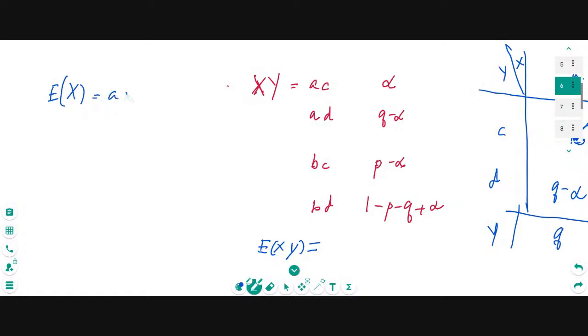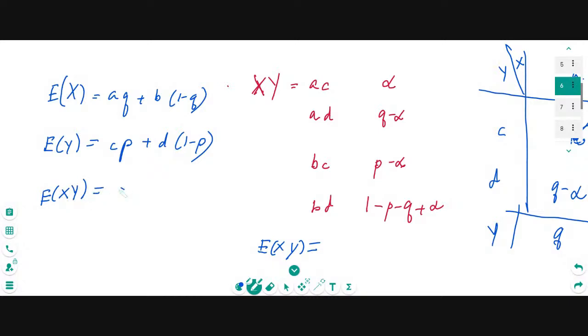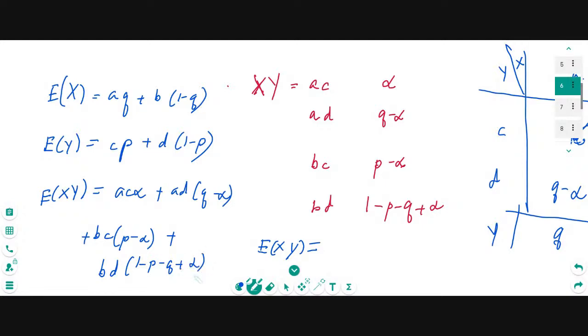The expectation of Y is C times P plus D times 1 minus P. And the expectation of XY is AC times alpha plus AD times Q minus alpha plus BC times P minus alpha plus BD times 1 minus P minus Q plus alpha.